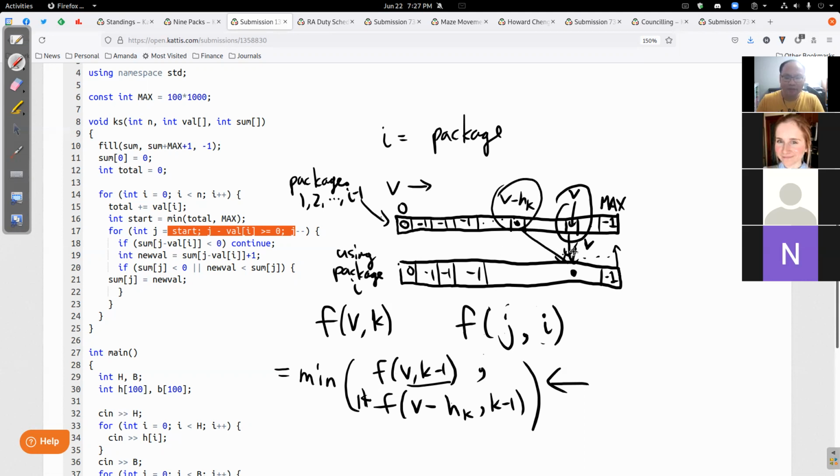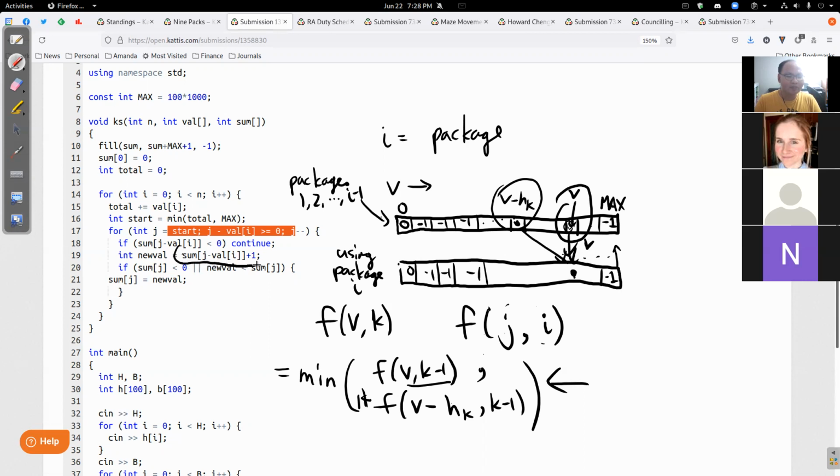But I'm not actually using 2 arrays here, I'm just using one array. Why? Because if it's the same array, it just means I don't change it, since this entry and this entry are the same. The only time I might have to change is if this entry plus 1 is less than what's already here. And that's basically what I do.